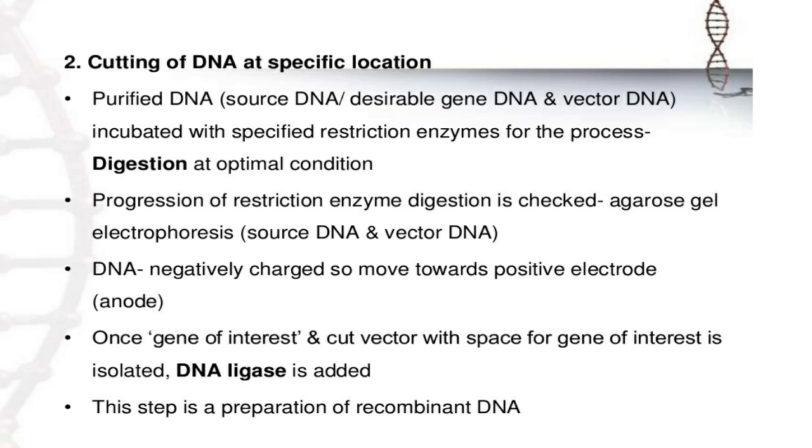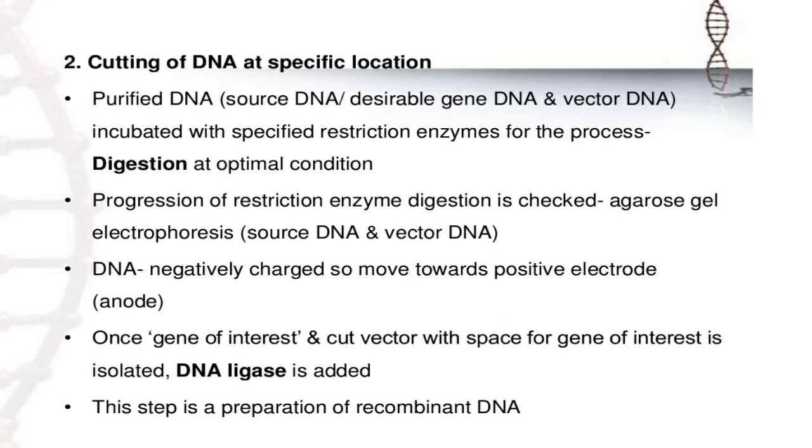Cutting of DNA at a specific location. Purified DNA, that is source DNA containing the desirable gene, and vector DNA are incubated with specific restriction enzymes for digestion at optimal conditions. Progression of restriction enzyme digestion is checked by agarose gel electrophoresis.